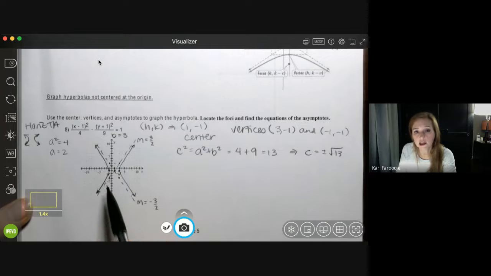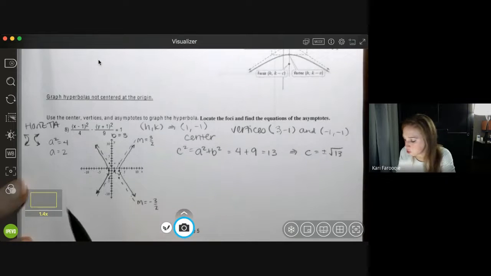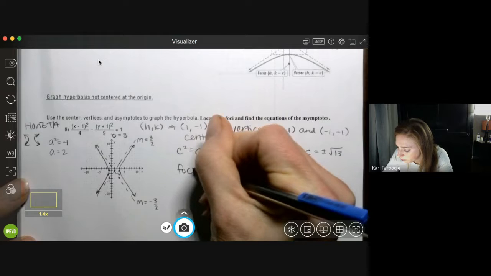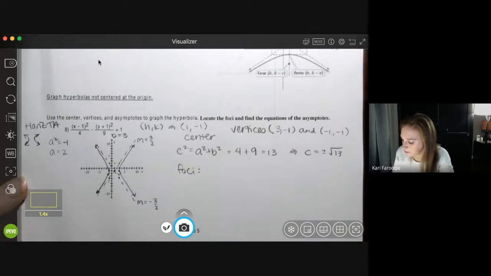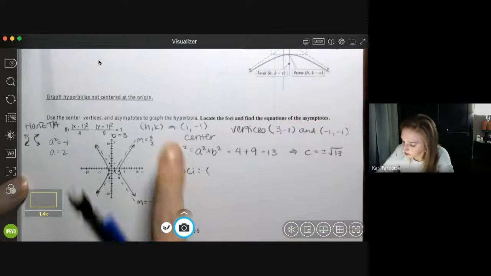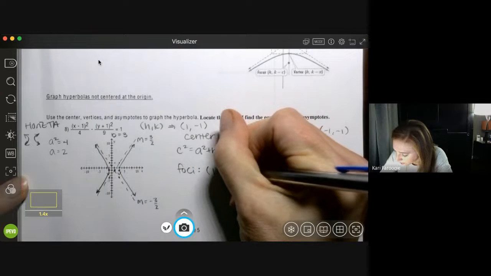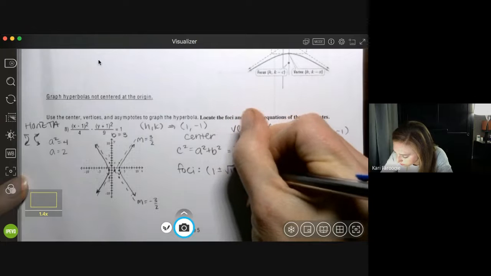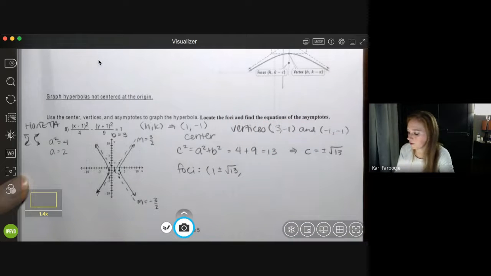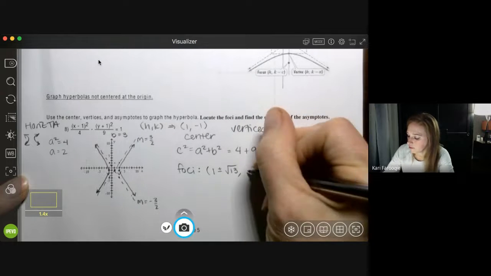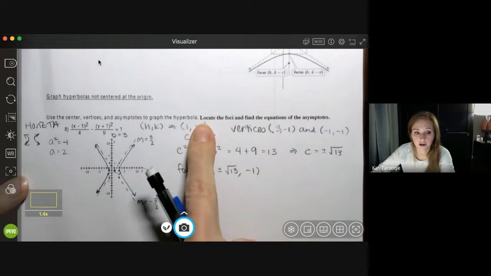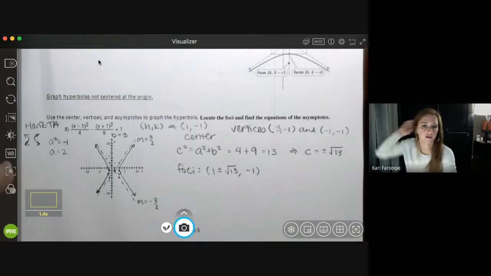So the y coordinate of the center is not going to change. But to list out my foci, I'm going to take my center point. My x coordinate is 1. And I'm going to add the square root of 13 and take away the square root of 13. And then I'm not going anywhere up or down, so the y coordinate stays -1.